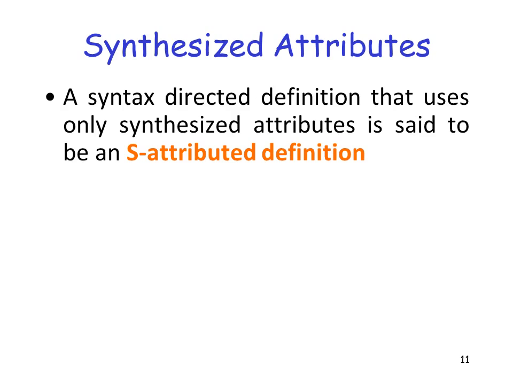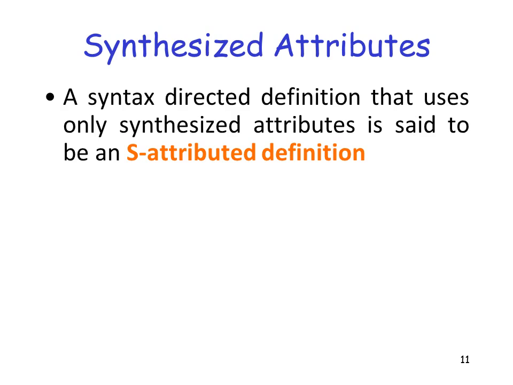SDD is the way in which we associate the semantic rules with the productions. So if the semantic rules use only synthesized attributes, we can say that it is an S attributed definition. So if an SDD contains only synthesized attributes, it is called an S attributed definition. S stands for synthesized.